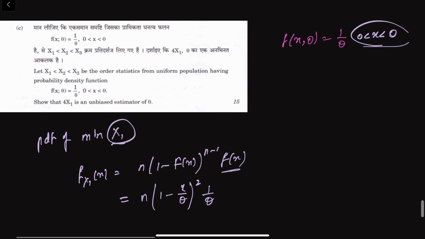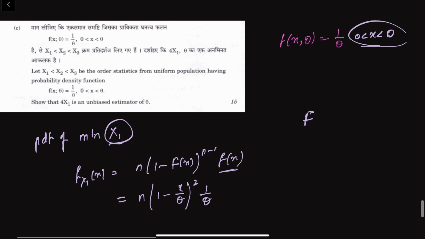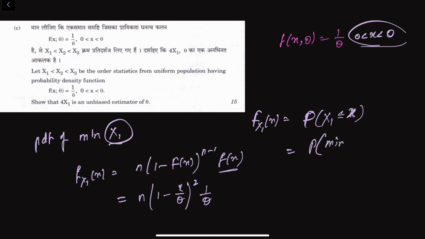f of x is 1 by theta. We can derive this by considering the probability of X1 less than or equal to x. So that means the probability that the minimum of X1, X2, X3 is less than or equal to x.